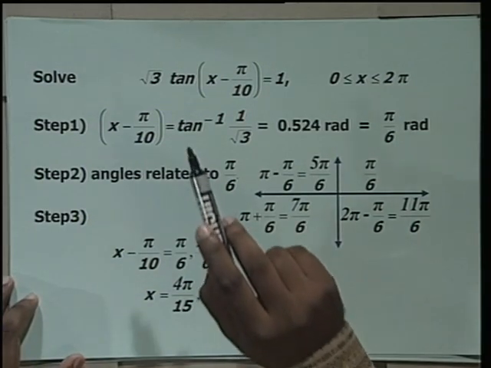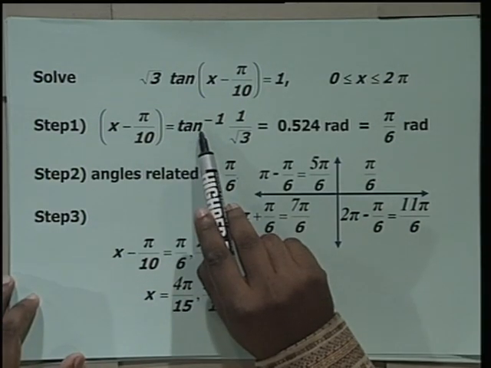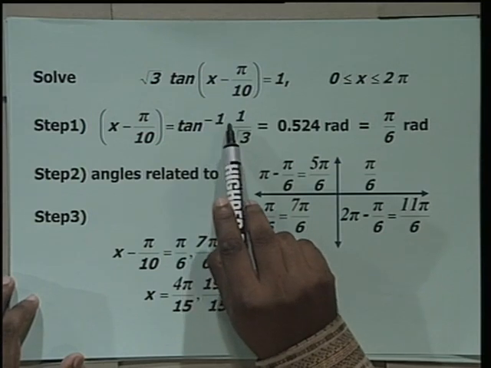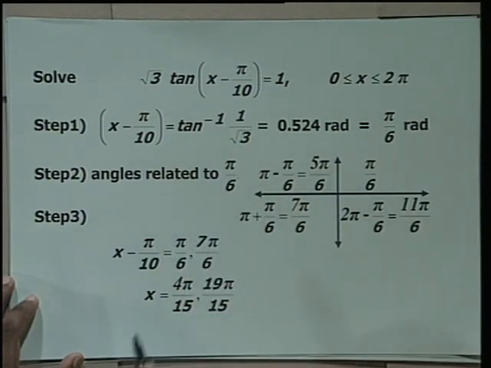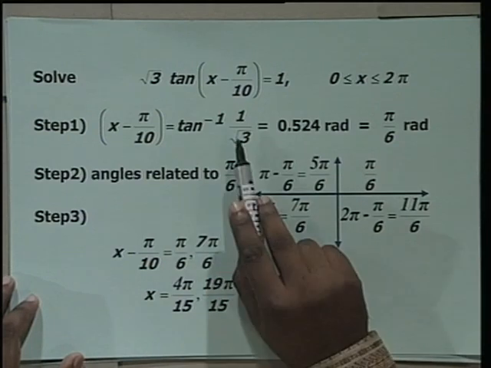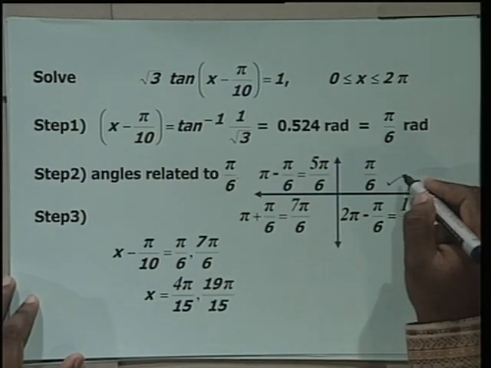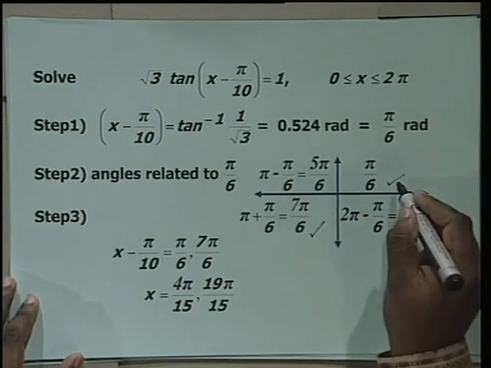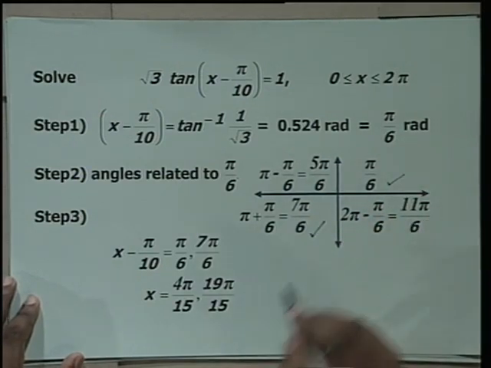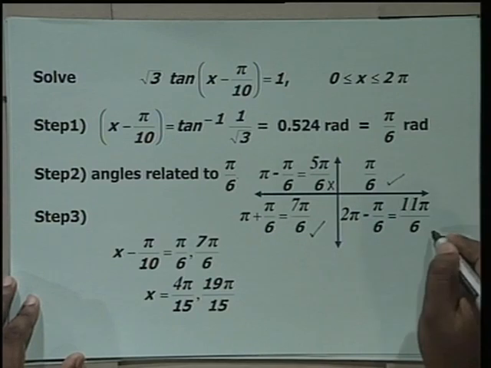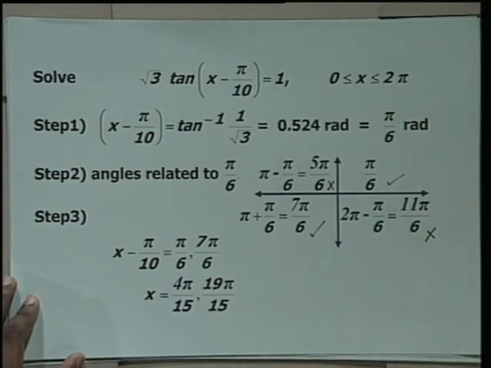Again, here we are looking for tan inverse of positive 1 over root 3. So, tan is positive in the first quadrant and third quadrant. So, we are going to take angles in these two quadrants and discard the angles in the remaining two quadrants.